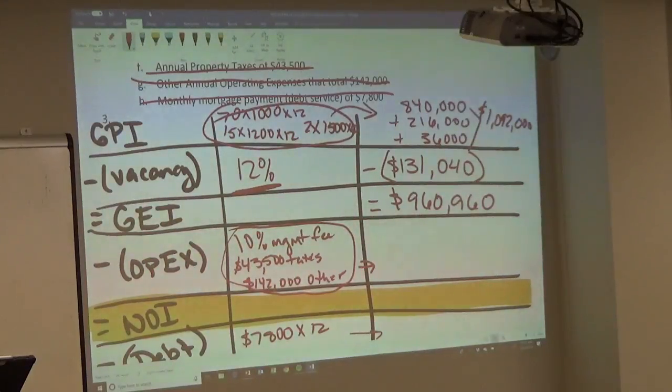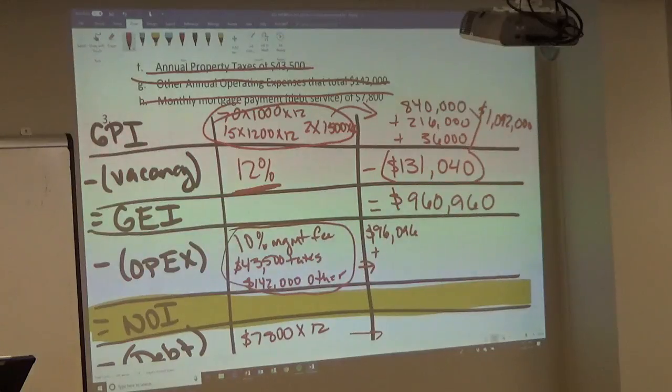Now we're ready to deal with our operating expenses. Okay, so our operating expenses, we got a 10% property management fee. Well, that's 10% of the gross effective income. So for operating expenses, and I'm just going to kind of total these up, we got $96,096 for the management fee.